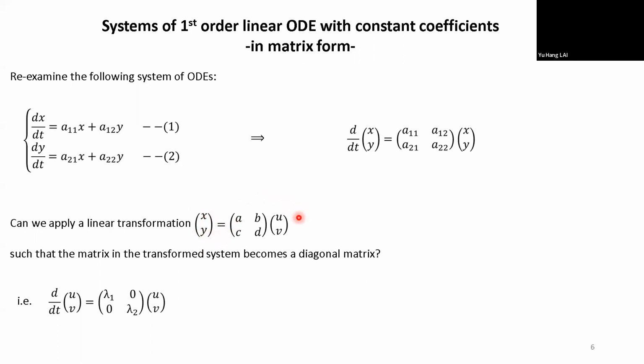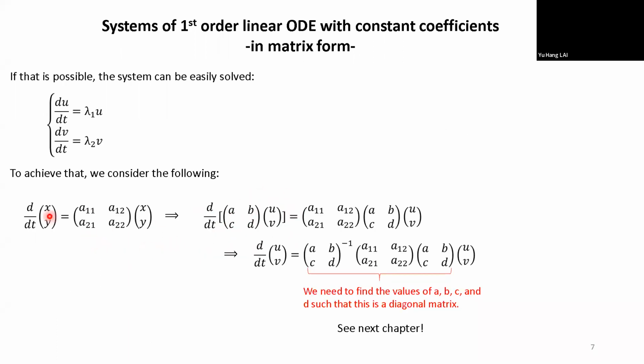We transform xy to this, so this xy can be written as this matrix multiplied by this vector here. And on the right hand side, this xy becomes this whole term here.